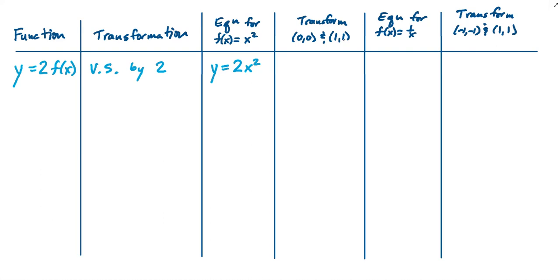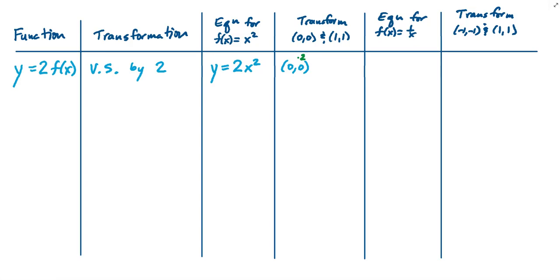What would happen to our curve? Well, (0, 0) would remain right where it is, because when we multiply the y coordinate by 2, it would have no effect because it's 0. 0 times 2 is still 0.